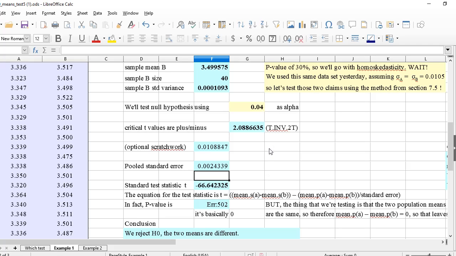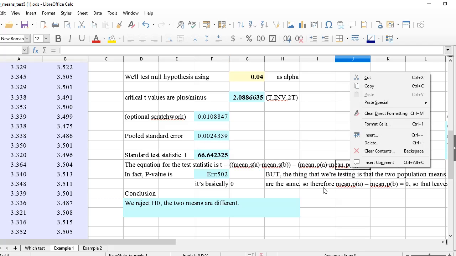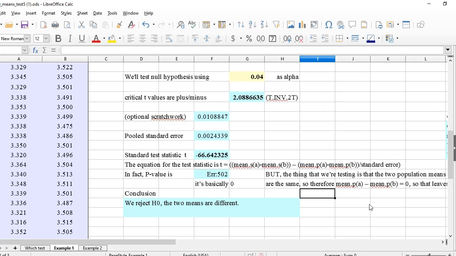So to calculate the test statistic, what we would be using is the equation for our original t-test statistic that we did in chapter 7, which was the sample mean of A minus the sample mean of B minus the population mean of A minus the population mean of B. And then all of that is divided by the standard error. But the thing we're testing is to see if the two population means are the same.